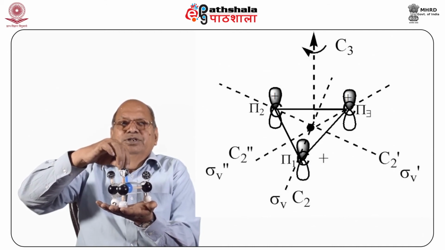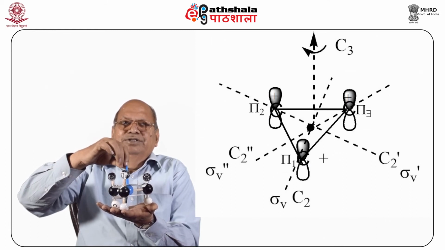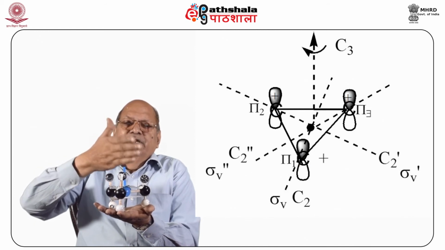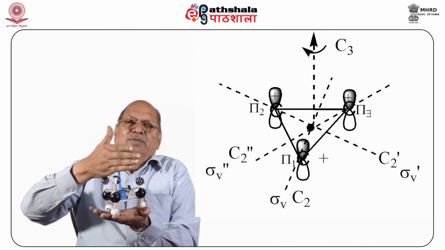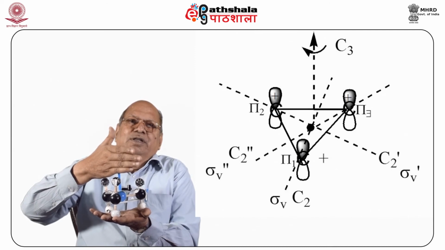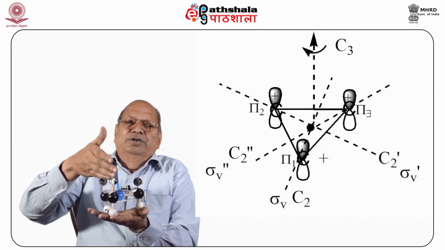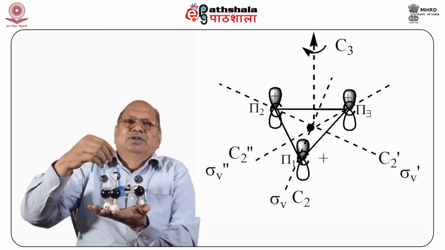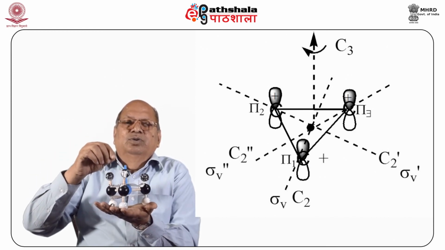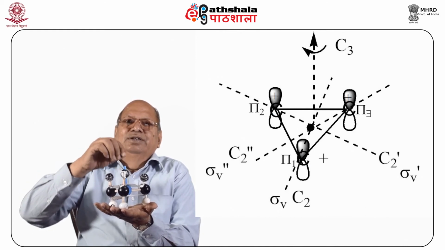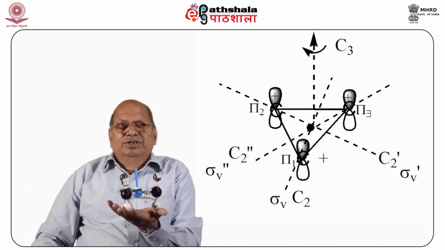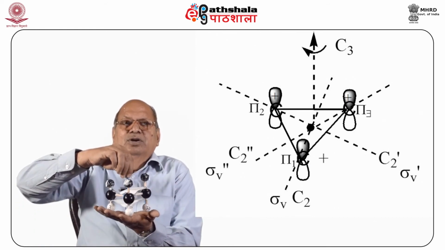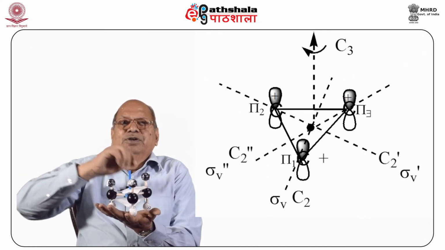So in this D3h point group I have this C3 axis, and also this molecule has sigma v like this, that is, it is taking one of the pi orbitals bisecting the other 2 pi orbitals. Similarly it is like this, and third it is like this. So I have in this molecule the C3 axis and then 3 sigma v. Let us take this model and see the effect of C3 operation on these 3 p orbitals.